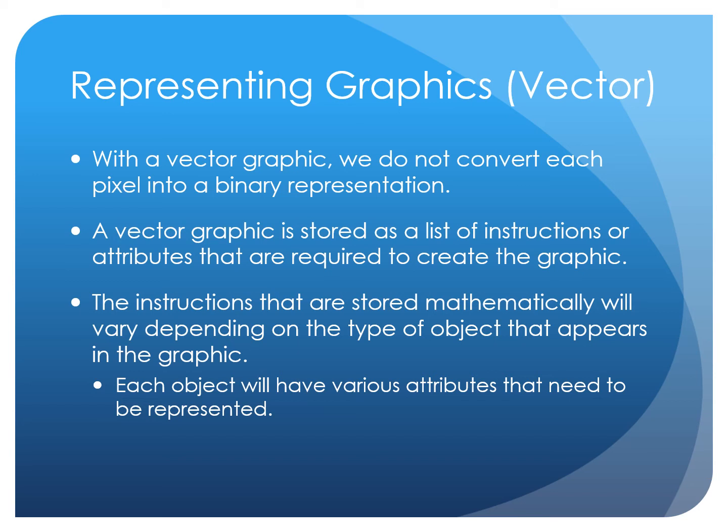Vector graphics consist of objects. Each of those objects has attributes associated with it. The list of instructions will be the attributes that are required to re-represent those objects within the graphic.